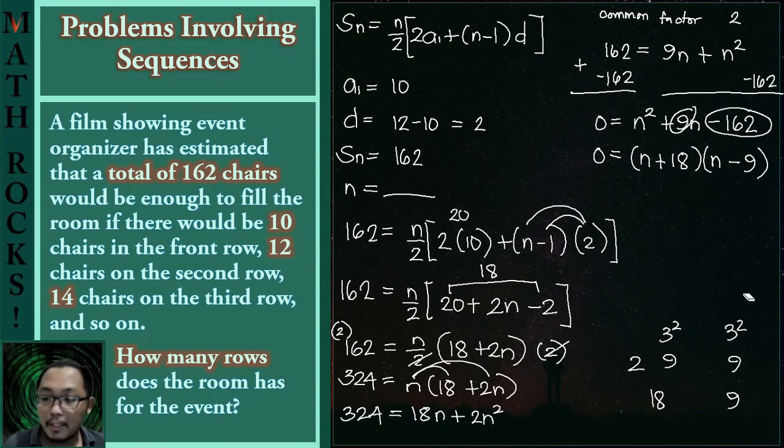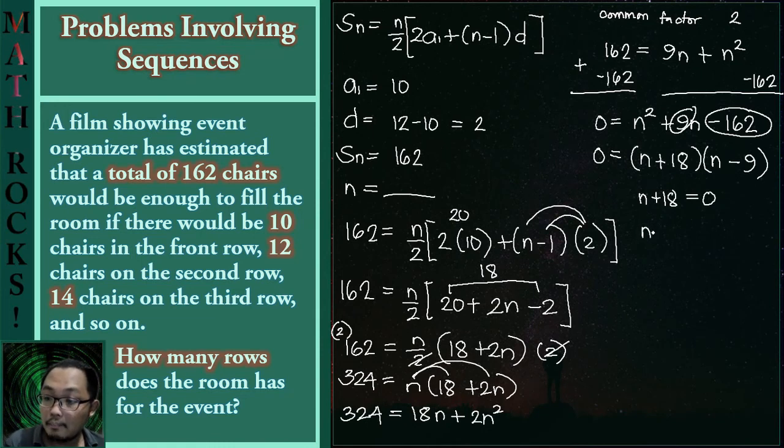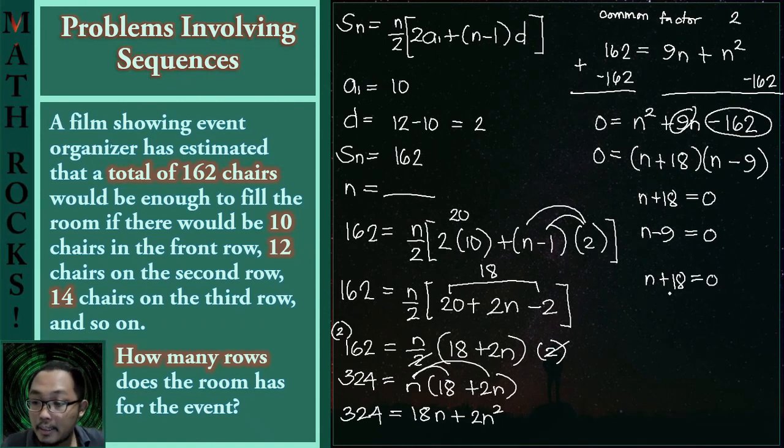And now let us apply the zero product property. Doing so, we have these factors of n plus 18 be equated to 0. The same with n minus 9. We have to equate this with 0. And for n plus 18 equals 0, we may apply the addition property of equality here by adding the opposite of the 18, which is negative 18, to both sides of the equal sign.